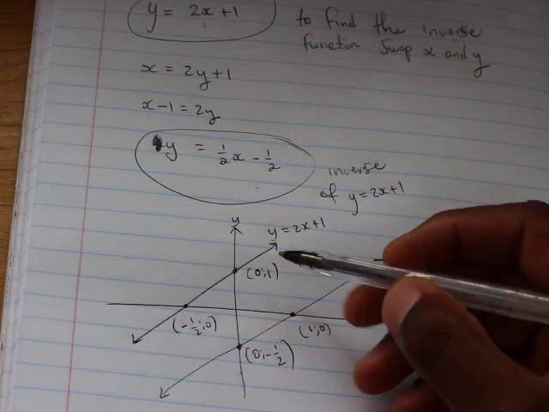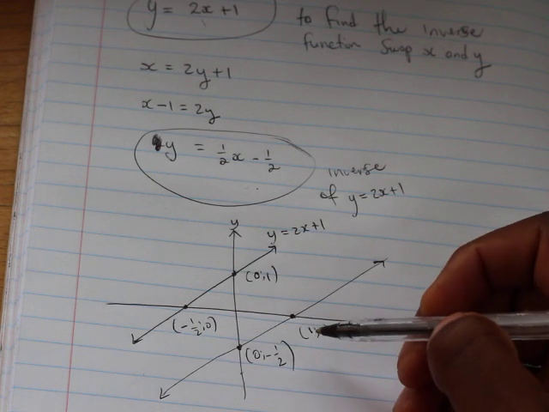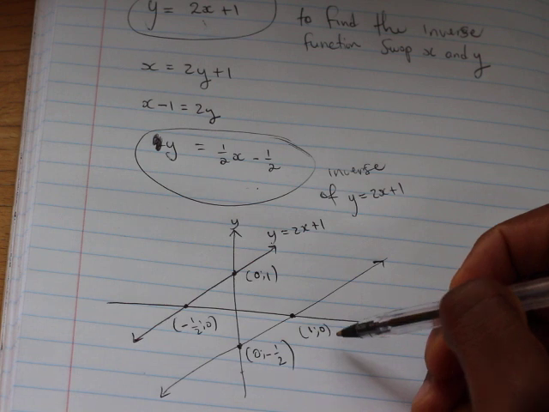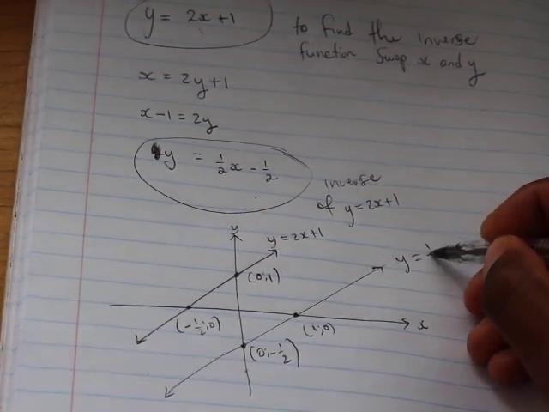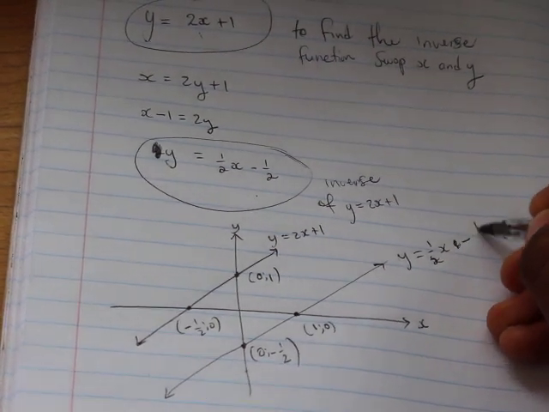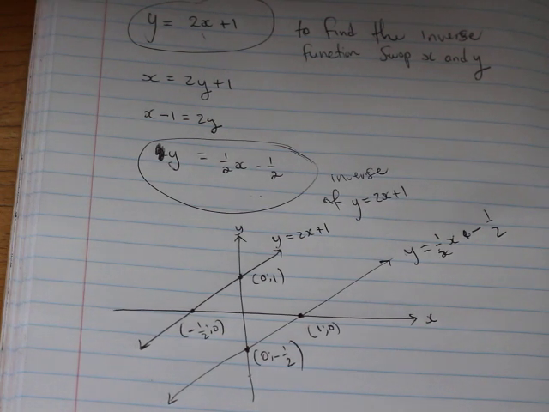And if you check, the y-intercept of the main function became the x-intercept of the inverse. So this is y is equal to 1 over 2x minus 1 over 2. They basically swapped the intercepts.